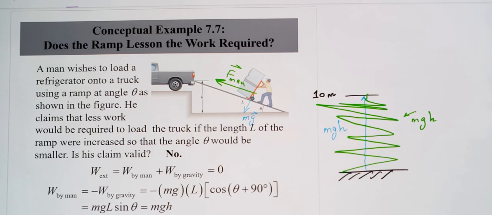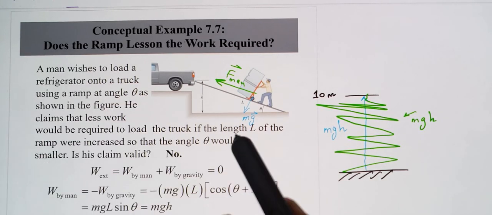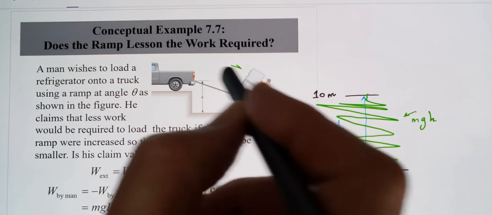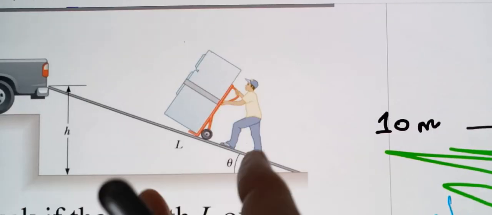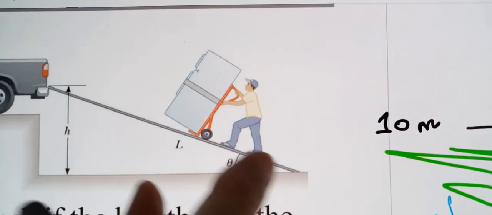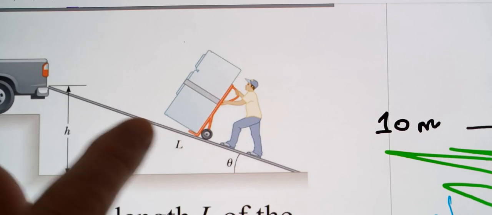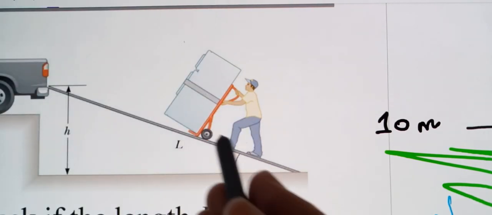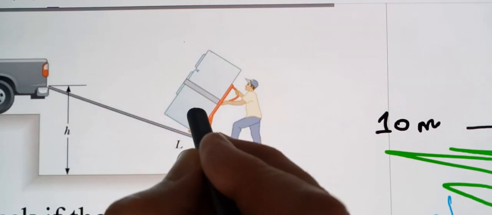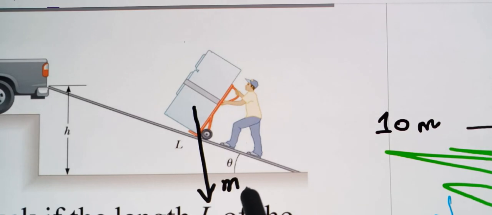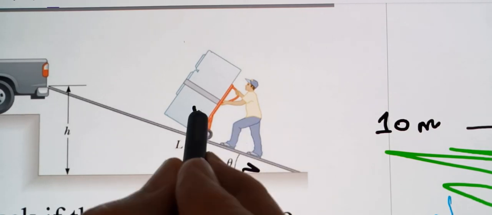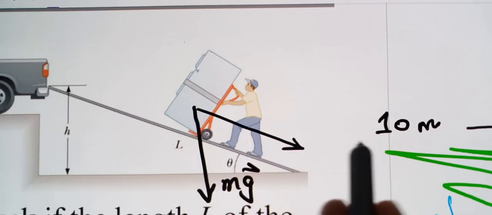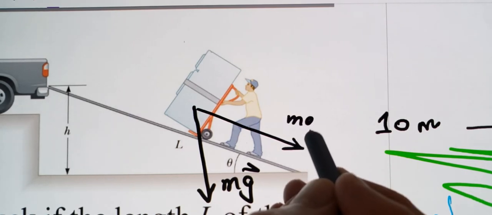Okay, what will make a difference? Well, look at it from this angle. What difference will it make when you use a ramp instead of lifting it directly vertical? Well, we took that before. We said this is mg. And what is the component of mg in this direction? That is mg sine theta.